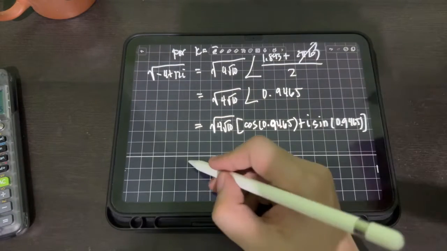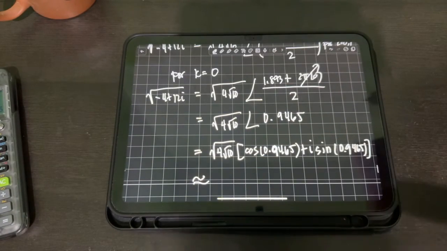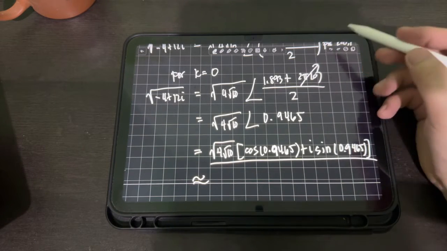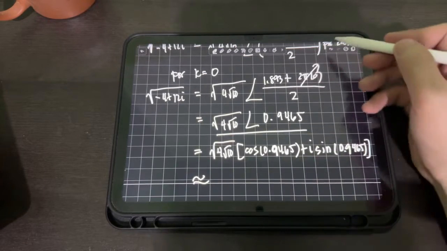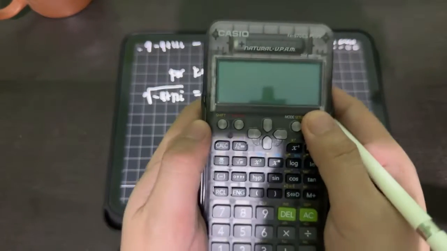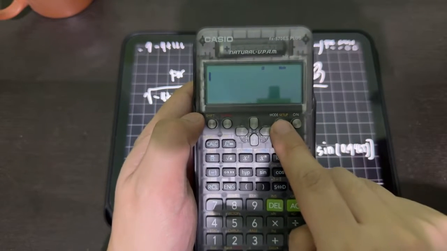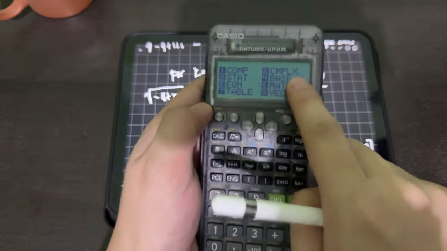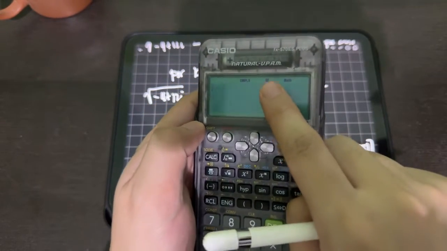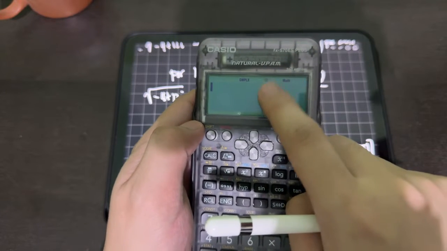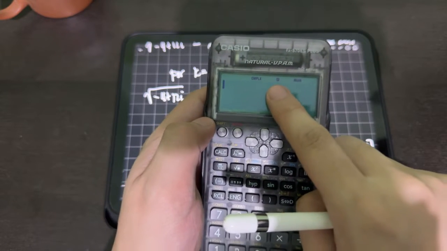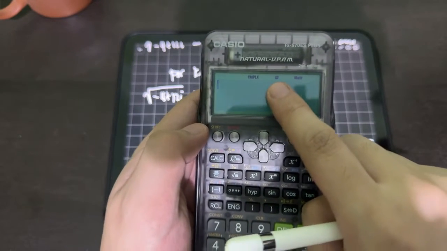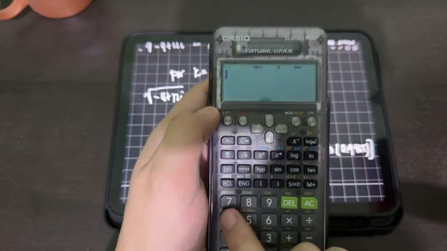To convert this to rectangular form, you can use your calculator. The easier way is to just input this r angle theta form of the complex number in your calculator. Put the mode of your calculator in complex: press mode and then select 2 for complex. Also, don't forget to put the angle in radian mode, which you already did, shift setup 4.